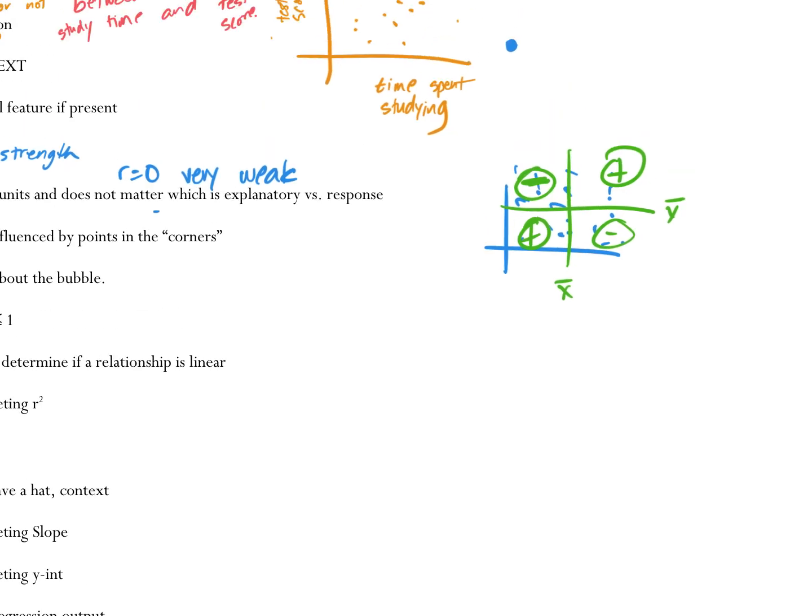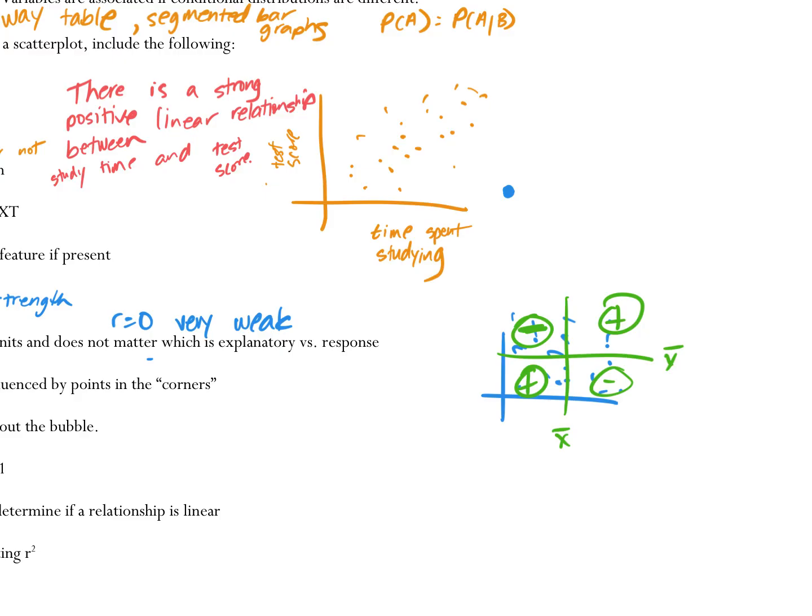When I'm looking at this scatter plot, we can see that it is increasing, and we have a lot more points in these corners than the other ones. Is everybody good? The points in the middle don't affect the correlation that much one way or the other.